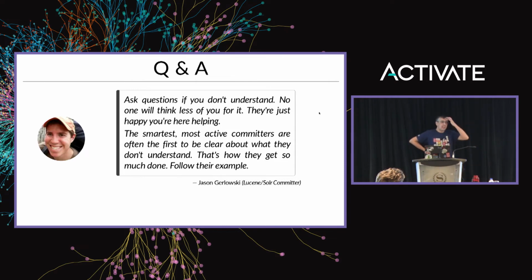For people who didn't hear, the question was about my thoughts on the state of the community, and as an example, Linus Torvalds in the Linux community and him being an asshole for a long time. The quick answer is there have been assholes in the Solr Lucene community for a long time, but they are not benevolent dictators for life or whatever Linus thought he was.